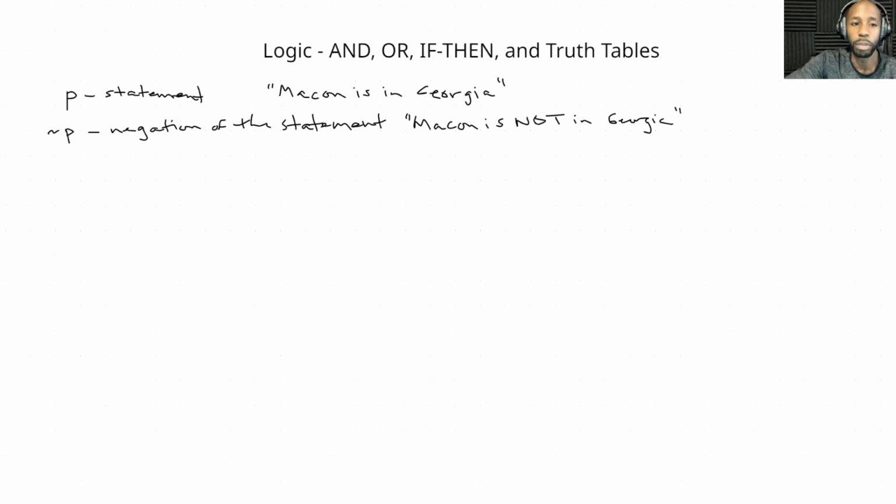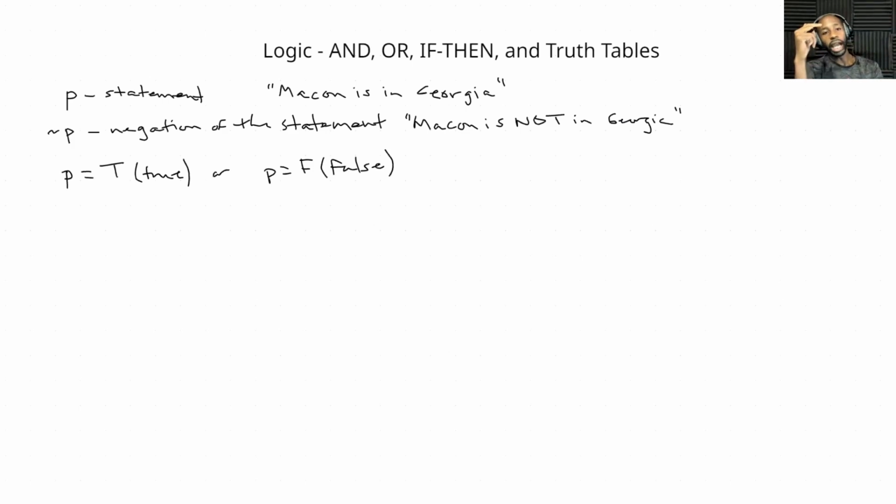So this statement P can be true, we're just going to say T for true, or P can be false. So whatever statement P is, just keep in mind that statement can be true or it can be false. Also keep in mind that the negation of a statement is exactly the opposite of the statement.